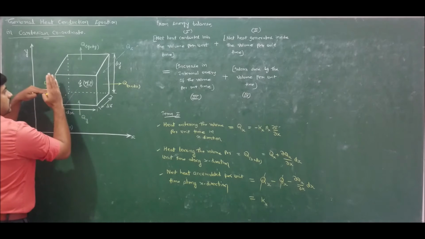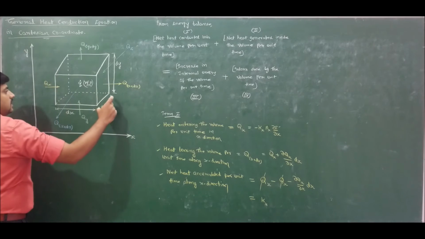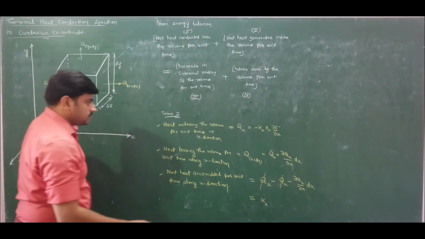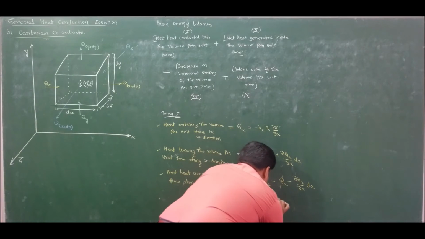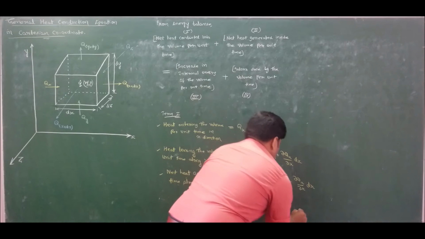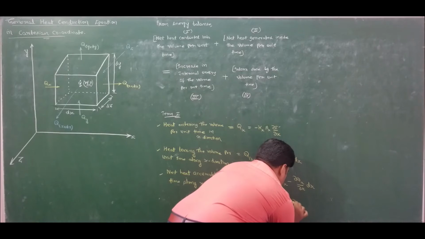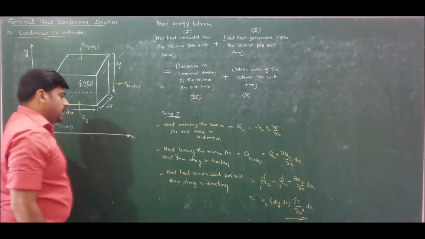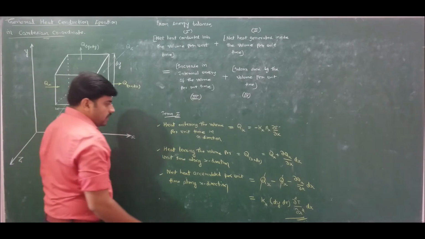Area perpendicular to the x direction will be dz dy. So the area perpendicular is dy dz, times dou square T by dou x square dx. So this is the net heat accumulated per unit time along the x direction.